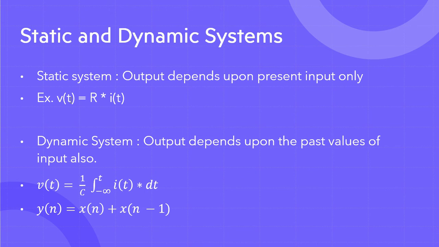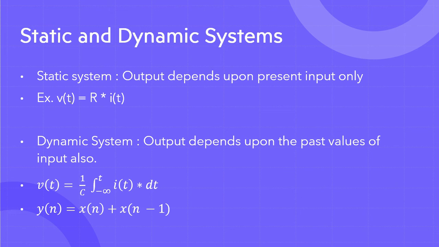And this static system, as the output depends only on the present input, is also called a memoryless or instantaneous system, because your system is not remembering what happened in the past. It is only reacting to the present input.